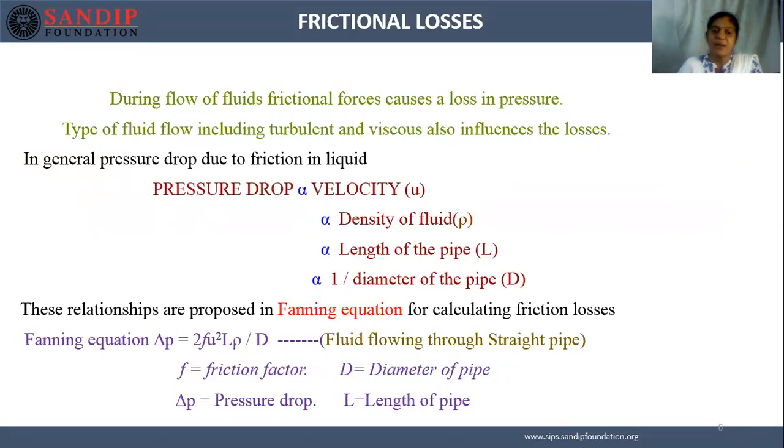As given, delta P is equal to 2F U square L into rho divided by D. F is the friction factor, D is the diameter of the pipe, delta P is the pressure drop, and L is the length of the pipe. So the pressure drop is directly proportional to all these factors, which are included in the Fanning equation.